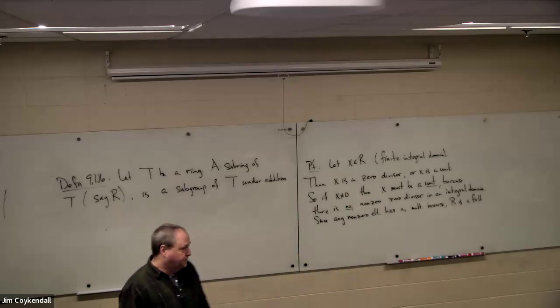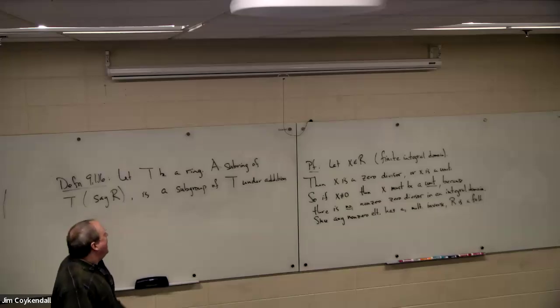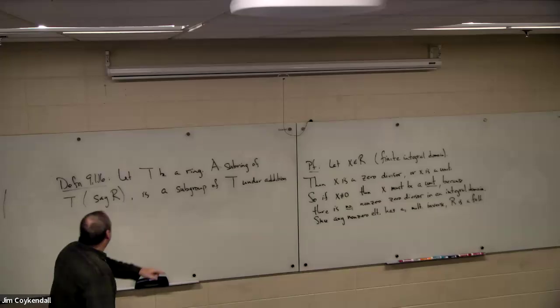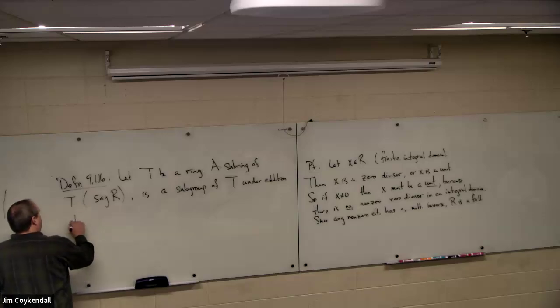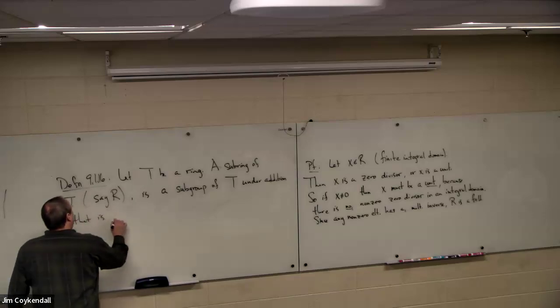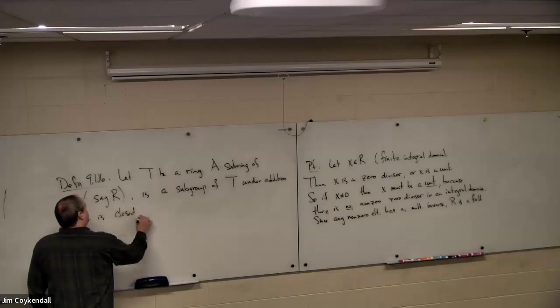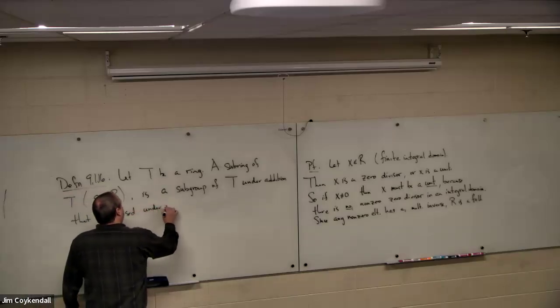We'll say R is a subgroup of T under addition that is closed under multiplication.